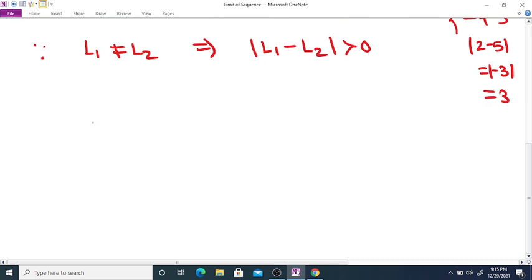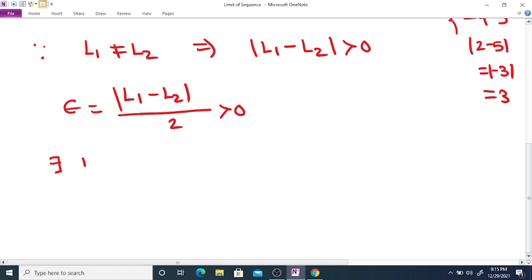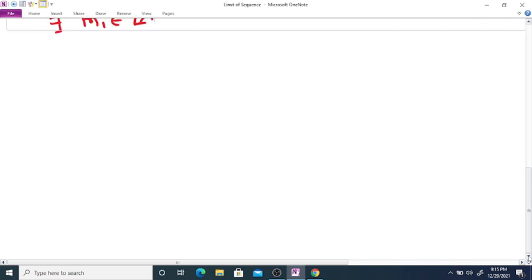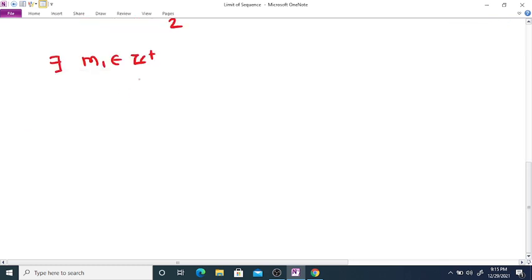So if we take epsilon equal to mod of L1 minus L2 divided by 2, which is greater than 0, then for this epsilon there exists a positive integer m1 such that mod of x_n minus L1 is less than epsilon for every n greater than or equal to m1.